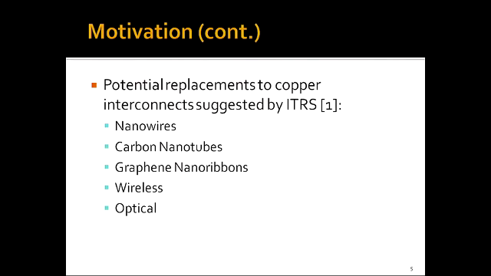And while all of these have several advantages over the copper interconnects, they're still very immature in the research, or they face some challenges that keep them from being completely implemented. So I was interested in the optical interconnects.